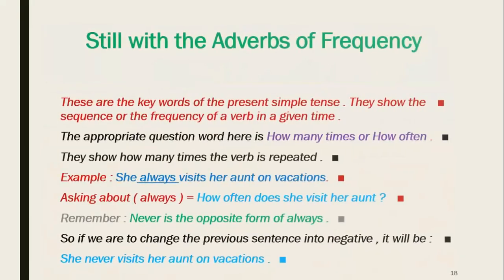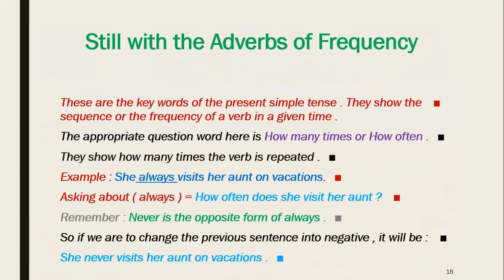So we have to remember these adverbs of frequency: we start with always, the verb is repeated all the time, and end with never, the verb has no repetition at all. So never is a negative form for always. Say, for example, she always studies English in the afternoon.